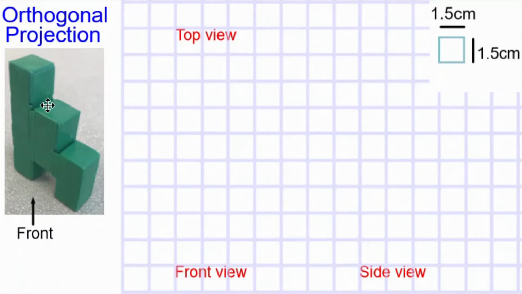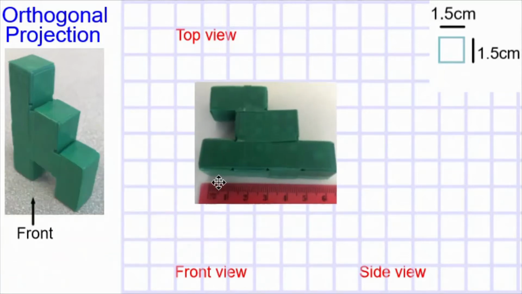I have measured my green object, and I'll show some photographs of those measurements. Here I measured the longest edge, and I got 6 centimeters. Now, these photographs are not completely trustworthy because the object is quite thick and the ruler is thin. So the object is a little closer to the camera.